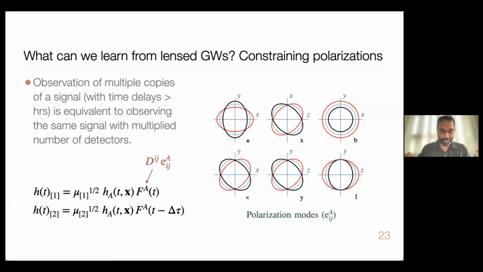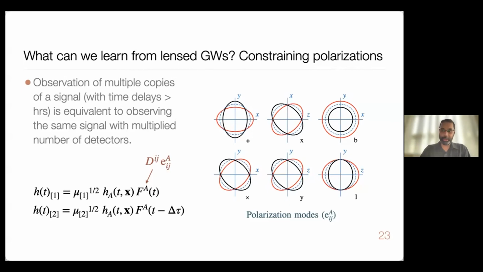So the idea here is that because there is a time delay of hours to days or even months between multiple images, the Earth would have rotated in between. And these multiple images would involve different linear combinations of the same polarization. And it is practically equivalent to doubling or multiplying the number of gravitational detectors in the network. So it's a cheap way of doubling the size of your network.